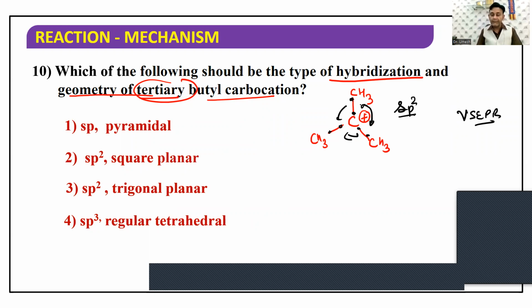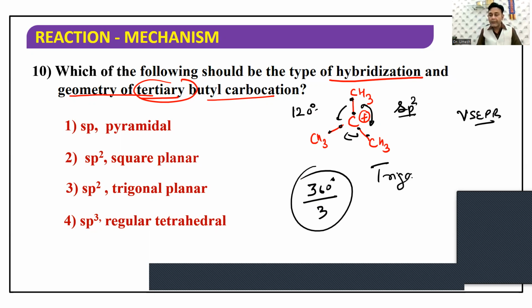It means they will repel in one plane such that out of the 360-degree total angle, they should be equally spaced at equal angles. That is possible at 120 degrees, I can say one third. And this geometry that we get is called trigonal planar. This is the answer: sp2 and trigonal planar.